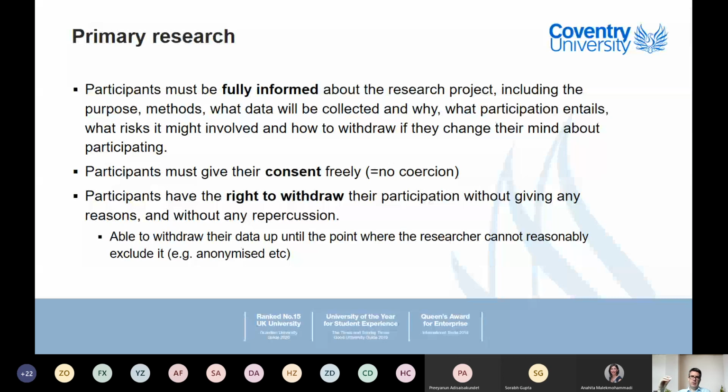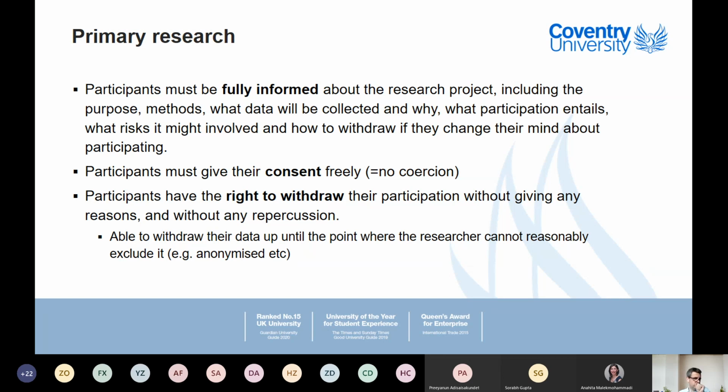But if there is an email coming from the CEO of the organization or the HR director saying, please find attached the questionnaire, and we strongly recommend you to take part, the consent is maybe not as explicit. There is an element of coercion, an element of being forced to take part. So we want to avoid those kinds of situations as much as possible.